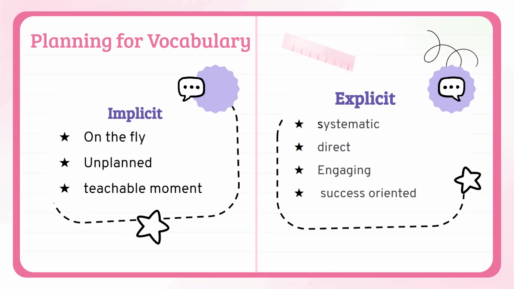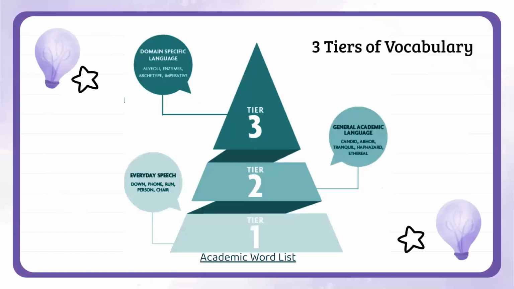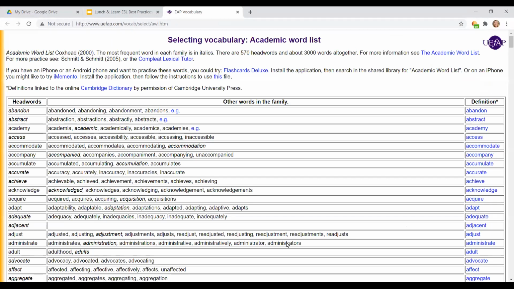So I want you to think about the vocabulary that you're teaching. Which of those words do you need to teach explicitly? On this previous slide, looking at our academic list, you can find them all over the internet, but here's a great academic word list. Let's say these are some of the academic words that your students are going to come across.